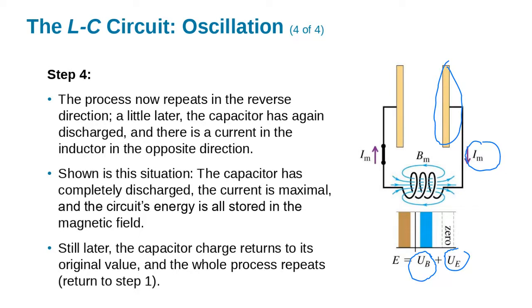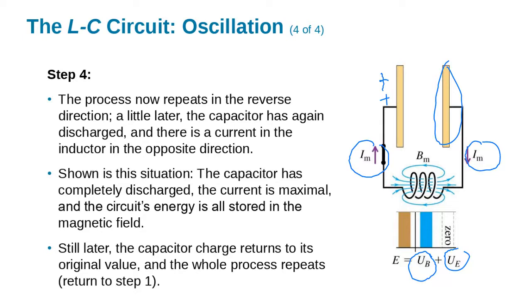But then as we progress in time further, because we've reached this steady current, the inductor is going to keep pushing current in this direction, and then we're going to start building charge up on this plate of the capacitor. And that takes us back to step 1.